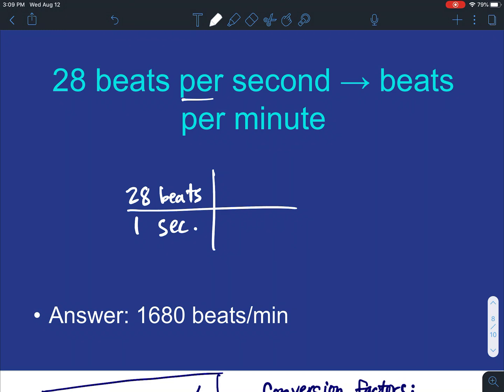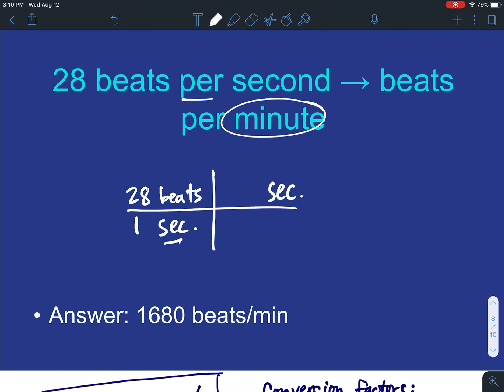Okay, if I look at the conversion that I want, I still want beats, so I don't need to mess with the top unit. However, I'm trying to get minutes instead of seconds. So let's think about if I'm canceling seconds, where do I need to put seconds in order to cancel it? Well, same rule applies, even though it looks weird.